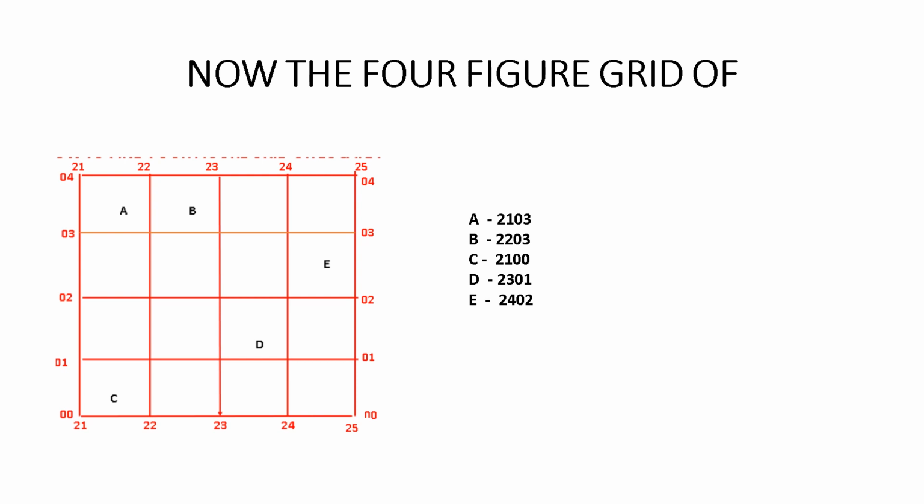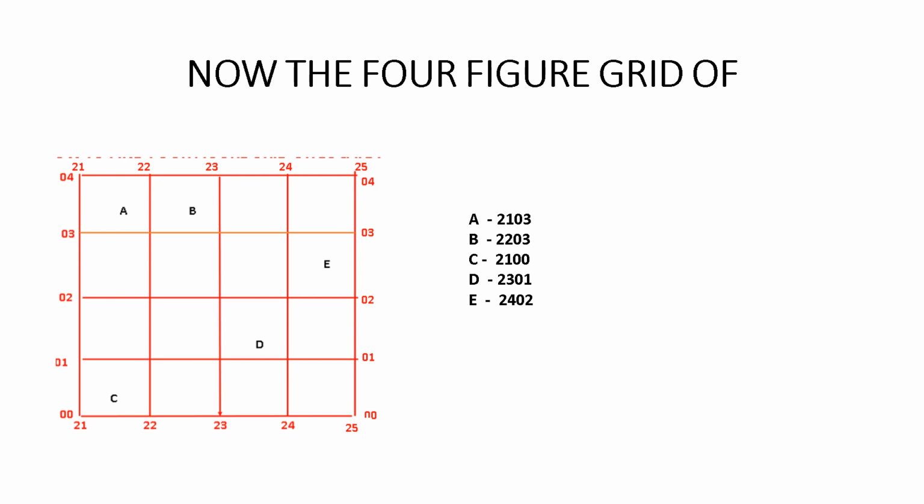Then come to C. Again we have to see towards the east of which line it is falling. It is falling towards the east of 21, that is the easting, and it is lying in the north of 00.